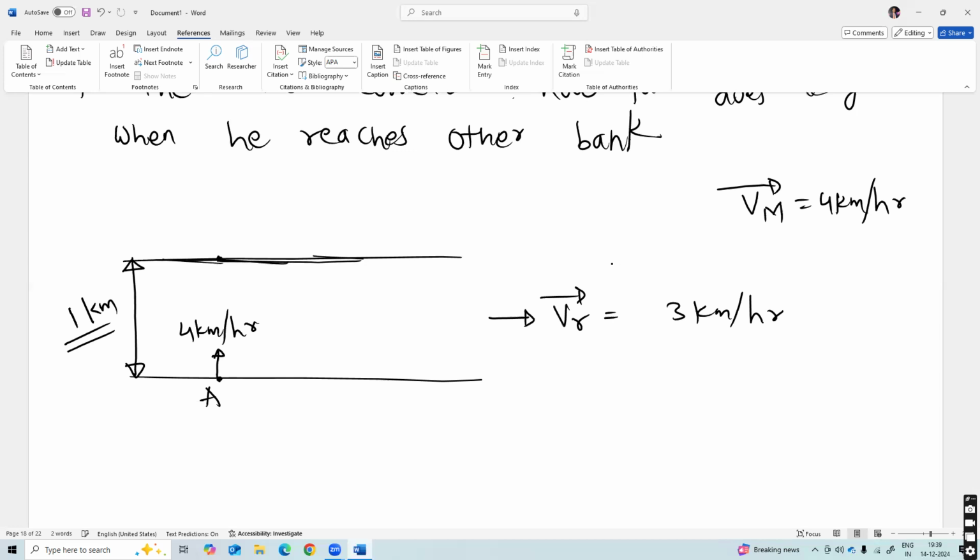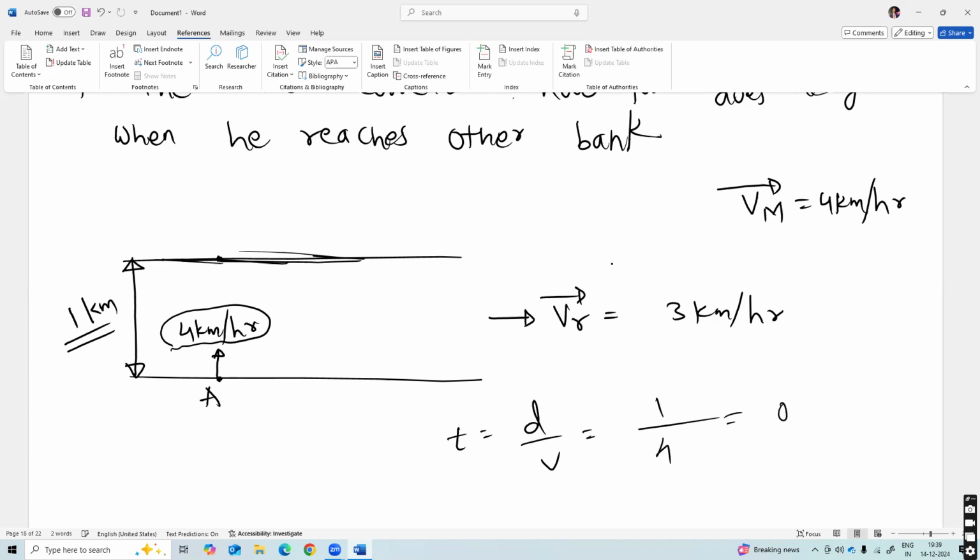Of course we know the initial velocity of this man is in the vertical direction, and this is the only velocity which matters for crossing the river. Time is equal to distance upon velocity, so distance is 1 kilometer divided by 4 kilometer per hour.